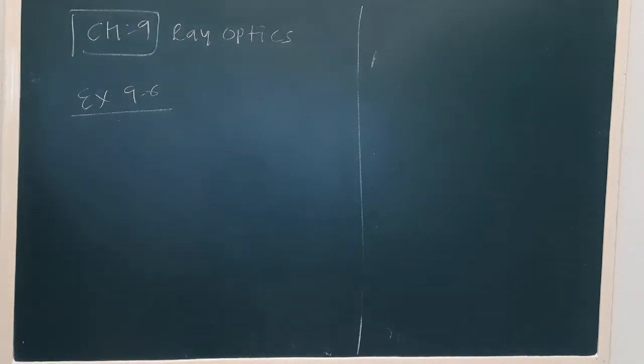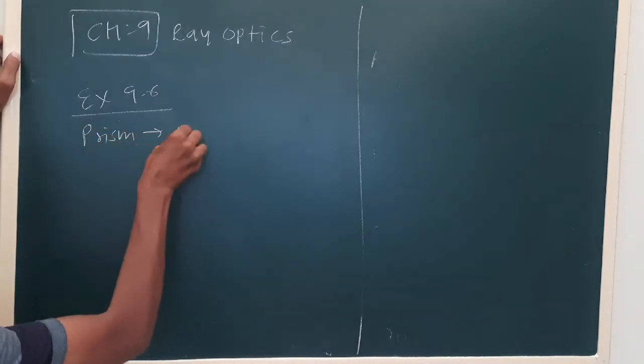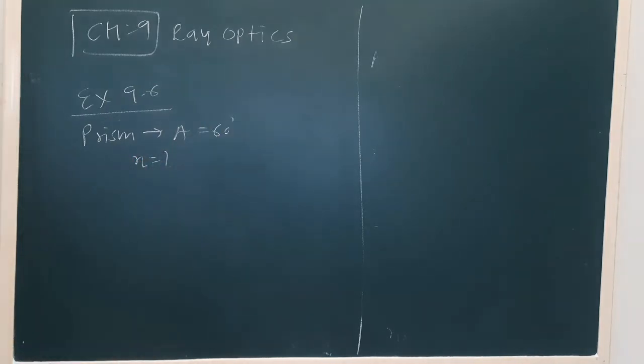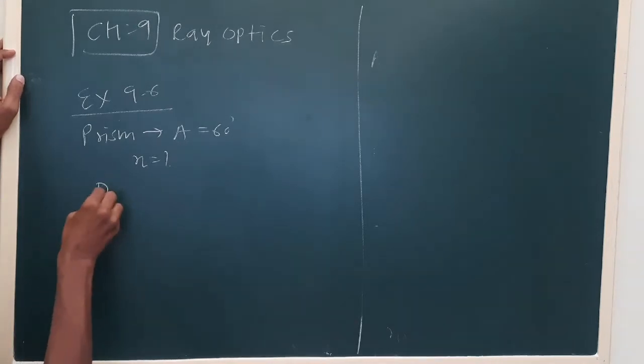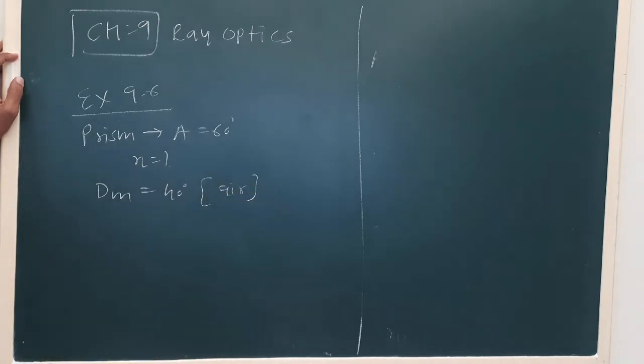Now see, a prism of unknown refractive index, it is not given, but for a given prism, the angle of prism is 60 degrees. Now we get the minimum angle of deviation dm when it is kept in air.